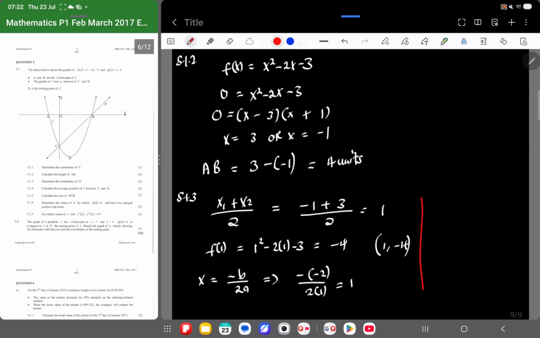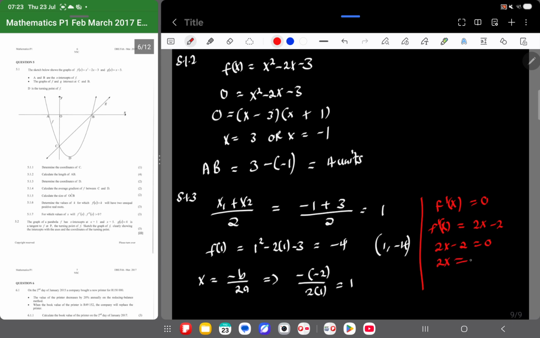Another way is to use calculus. At the turning point, f prime of x is equal to 0. Let's do f prime of x equals 2x minus 2. We set that equal to 0. 2x minus 2 equals 0.